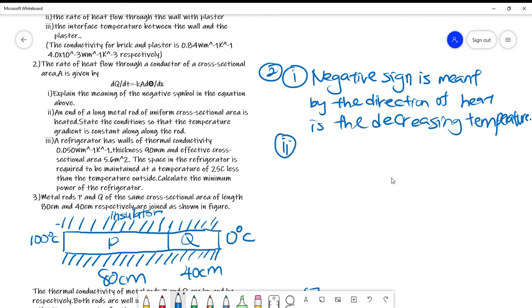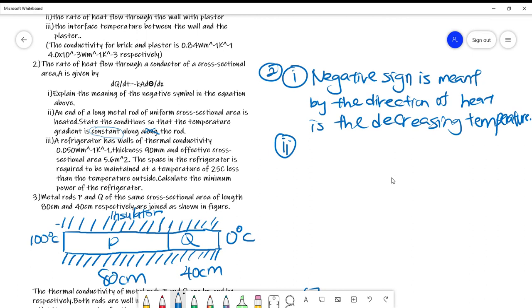So this is number 2. At the end of a long metal rod of uniform cross-sectional area is heated, state the conditions so that the temperature gradient is constant along the rod. So there's an arrow here. So when the temperature gradient is constant along the rod, it means that the rate of heat flow is actually, not rate of heat flow, sorry.